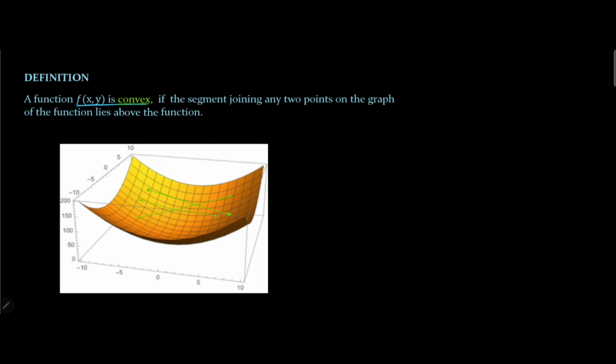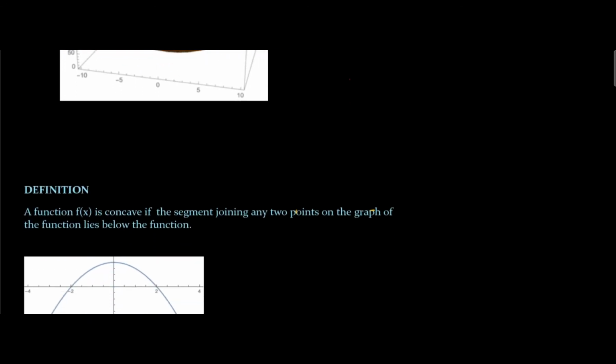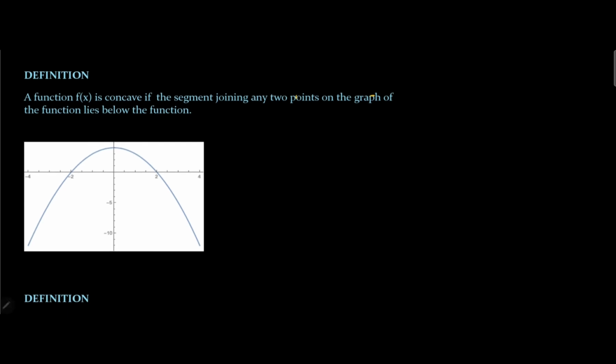And this only happens if the function has that particular shape. For concave functions, it's the other way round. If the segment that joins any two particular points on the graph of the function is below the graph of the function, then we have a concave function.